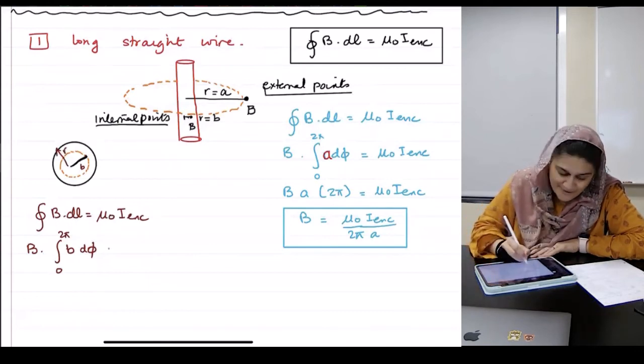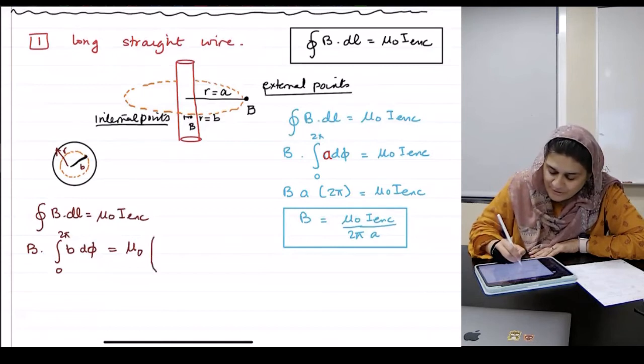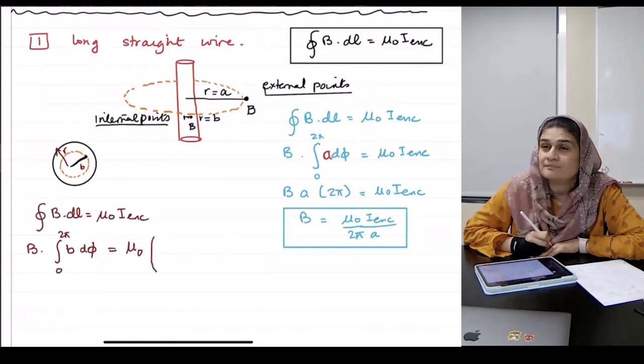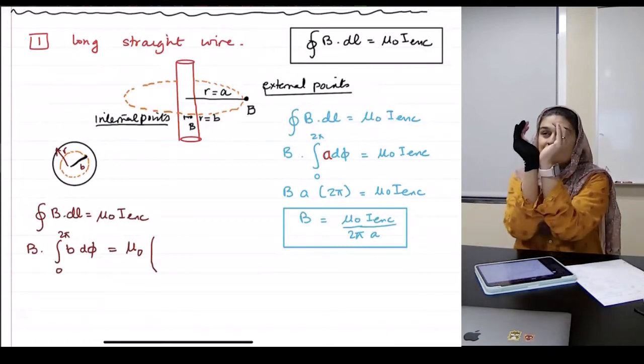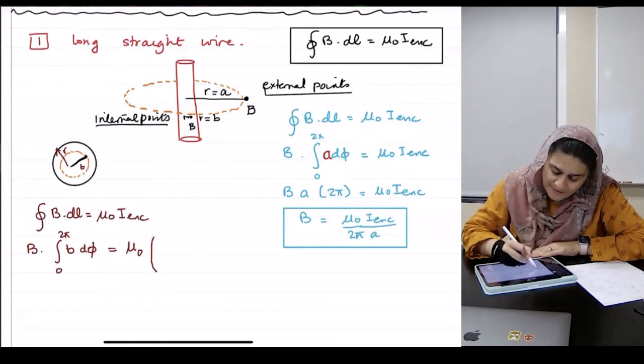What about the right-hand side? What's the I enclosed in my Amperian loop only? Is it only this part?